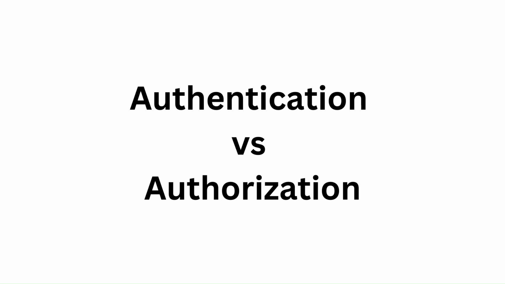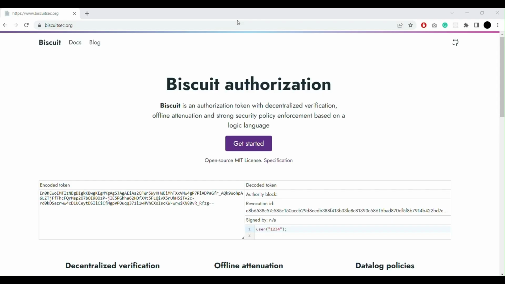But now, after the authentication, you need to provide system access. Let's say a user wants to access shopping cart, product list, or analytics, as I have explained above. So all these things are controlled in authorization.